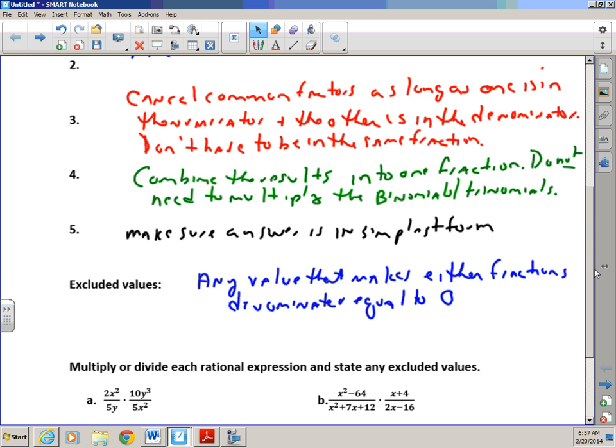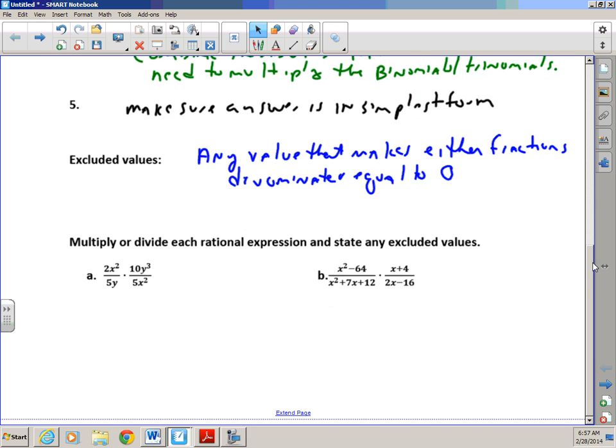Now, let's talk about what we're going to do here via examples. So I want to multiply 2x squared over 5y times 10y cubed over 5x squared. Now, you could actually do the multiplication for something like this and then simplify, but it's much easier to cancel what's in common. So 5 and 10 become 1 and 2. The x squareds completely cancel, and y cubed cancels to y squared.